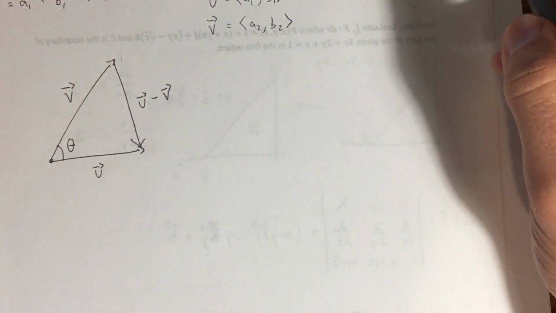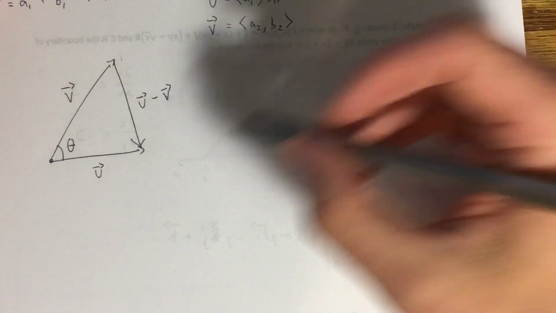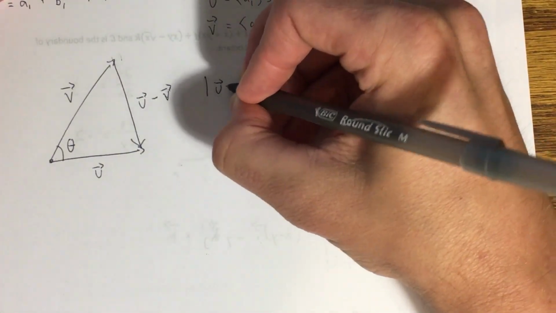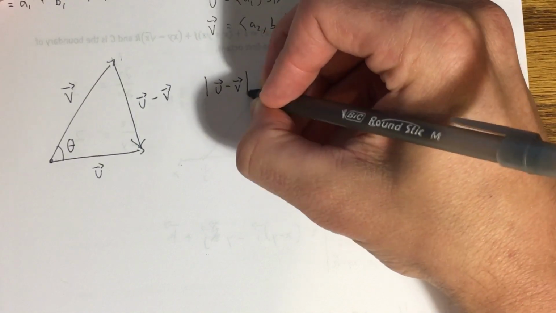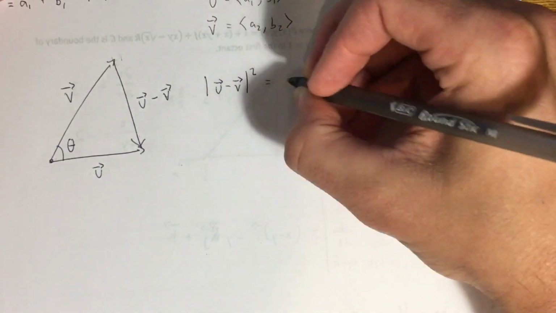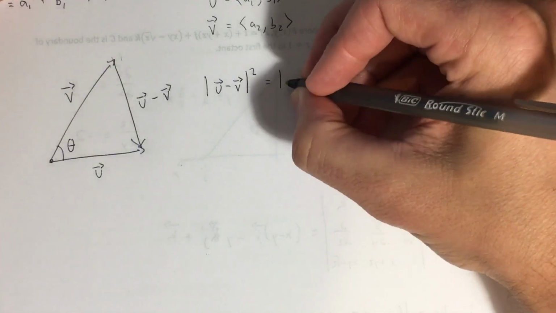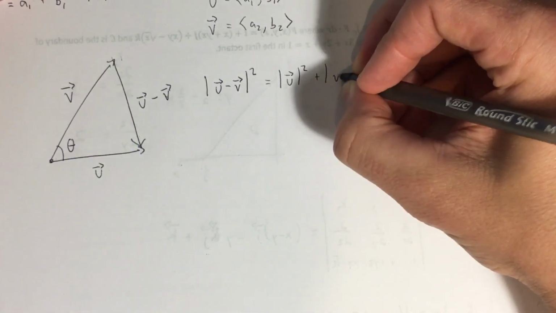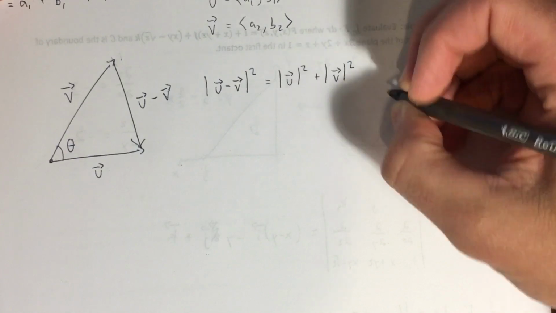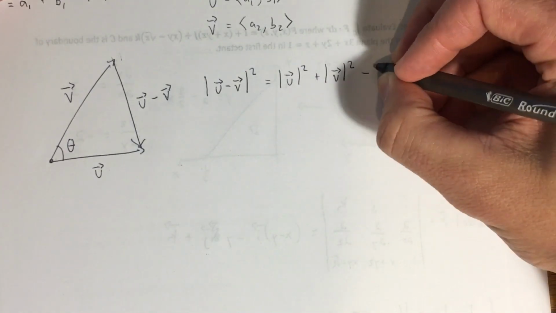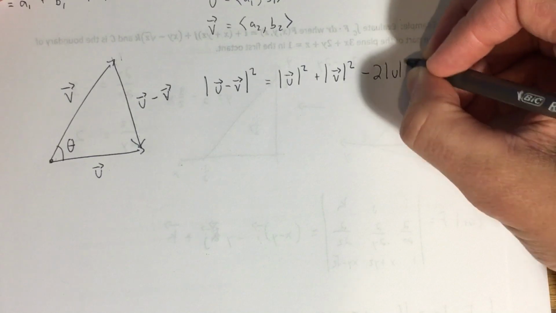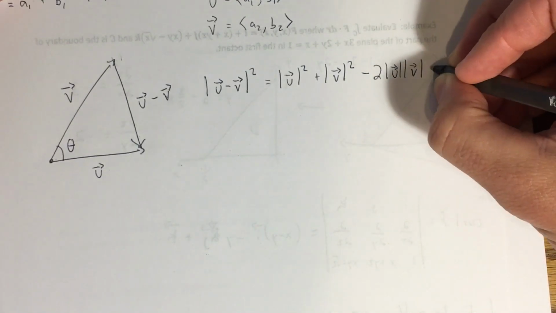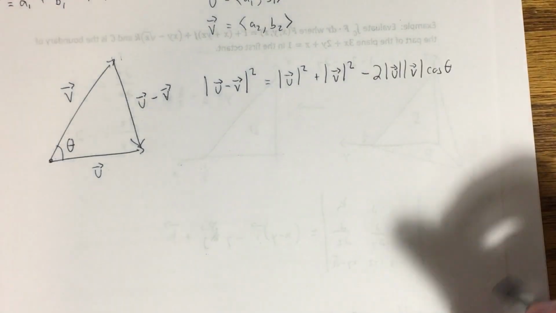I know from my law of cosines that this opposite side here, if I know its magnitude, the magnitude of u minus v squared will be equal to the magnitude of u squared plus the magnitude of v squared minus 2 times the magnitude of u times the magnitude of v times the cosine of that angle theta.